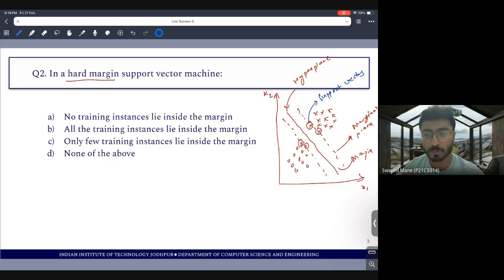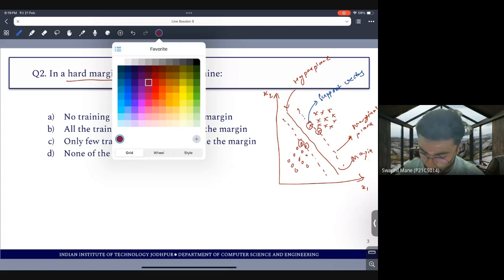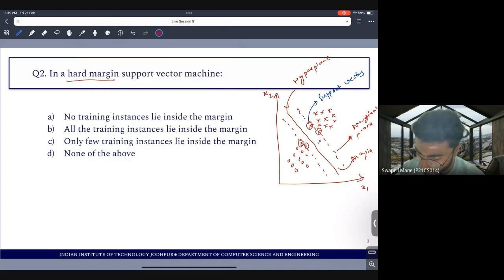So here you can observe that no point falls in between the margin and the hyperplane. We are not allowed that, right? We have to maximize. If a point is here, then we consider it a support vector, and we draw a hyperplane such that the distance from this point to the hyperplane is maximized, right?